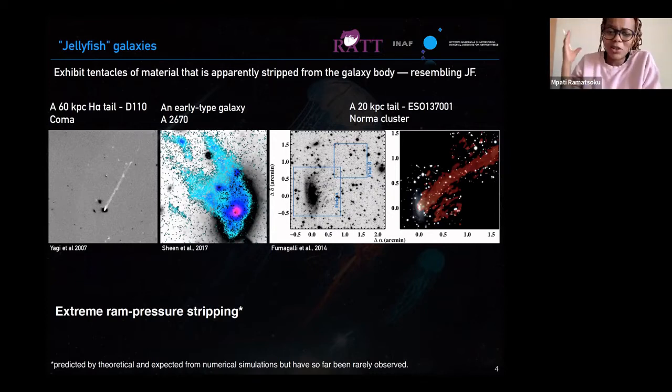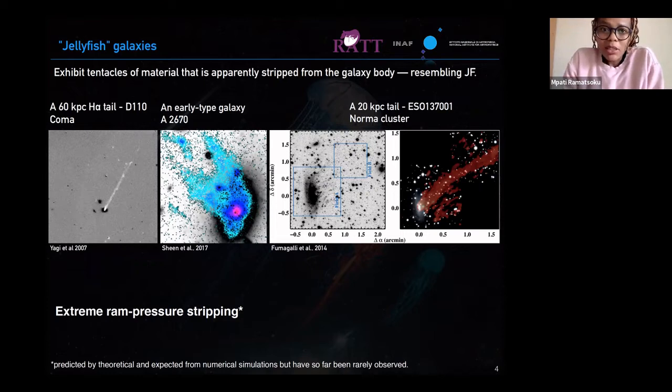So this is the fraction of the time it takes for a galaxy to go from one side of a galaxy cluster to the other side of a galaxy cluster. This is what is referred to as the crossing time. And apparently to produce these types of tails, you need really extreme environments.